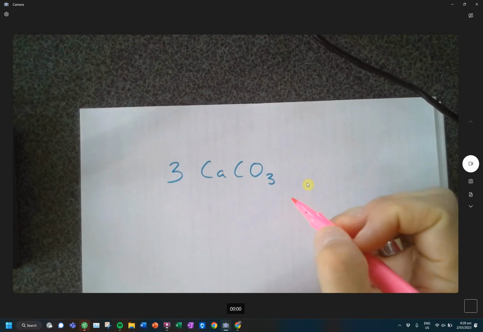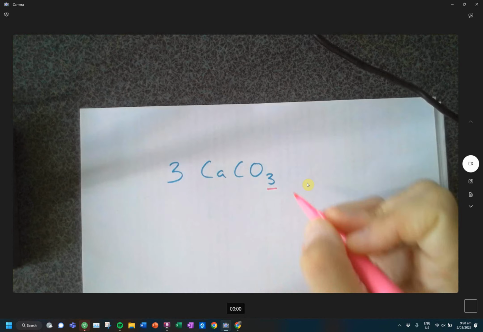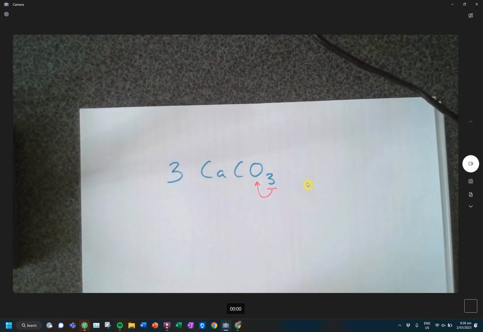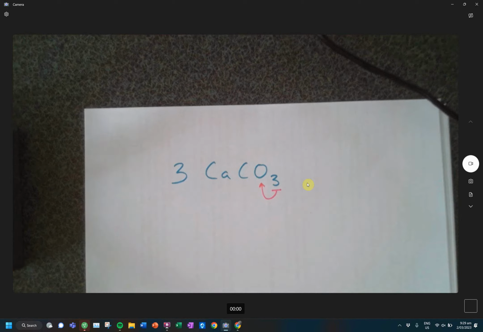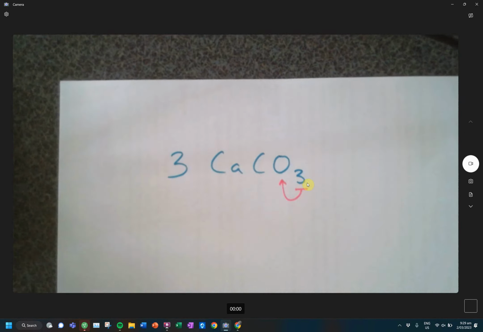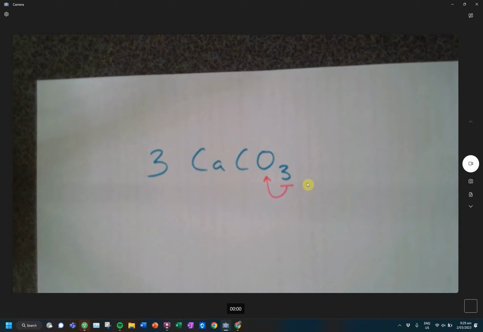In this case, the only one with a number that is not 1 is my oxygen, and that is 3, and that 3 only applies to whatever is directly in front of it. You should have the answer. If you don't have the answer to the do now, you can copy my answer down. So that's the first thing we're keeping in mind.